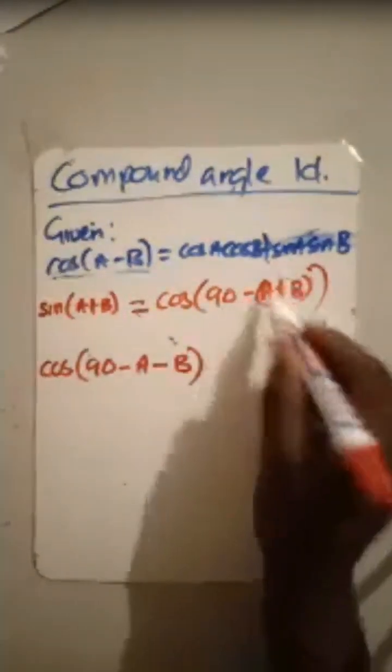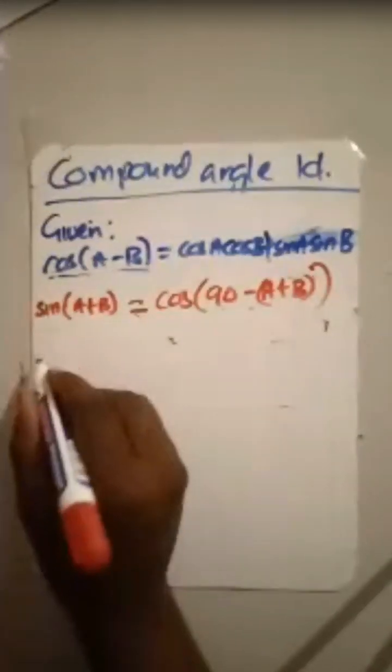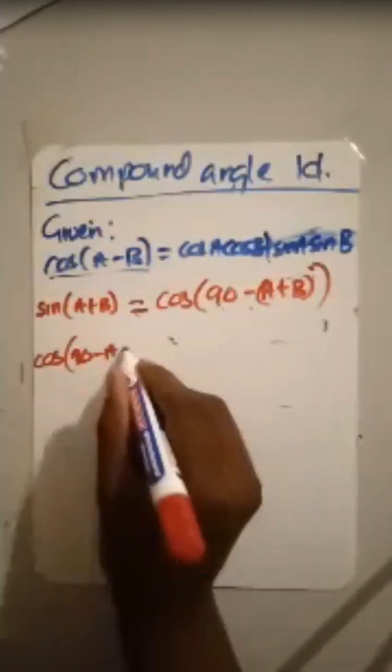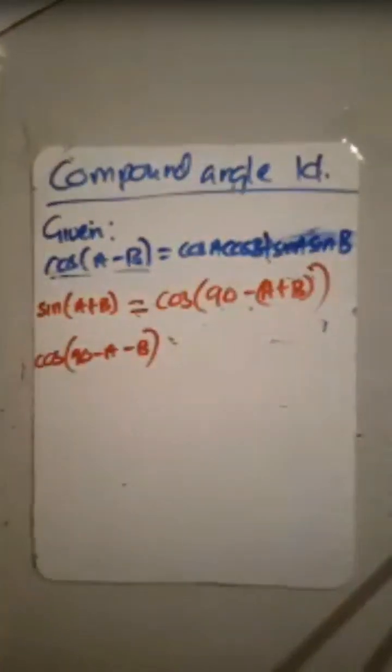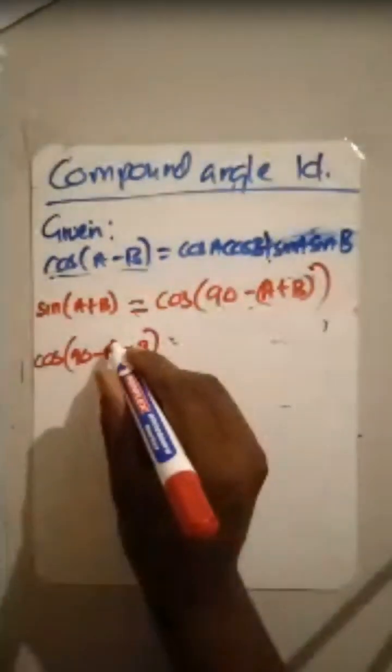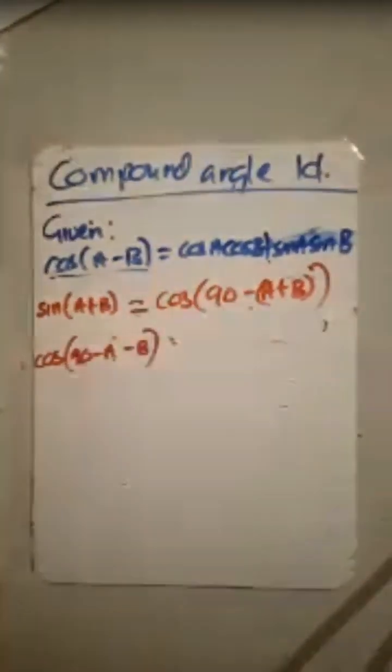Don't forget that we have a negative here and a bracket, so the negative is going to multiply everything in the bracket. So we end up with cos 90 minus A minus B. Then group such that here we have 90 minus A in brackets.